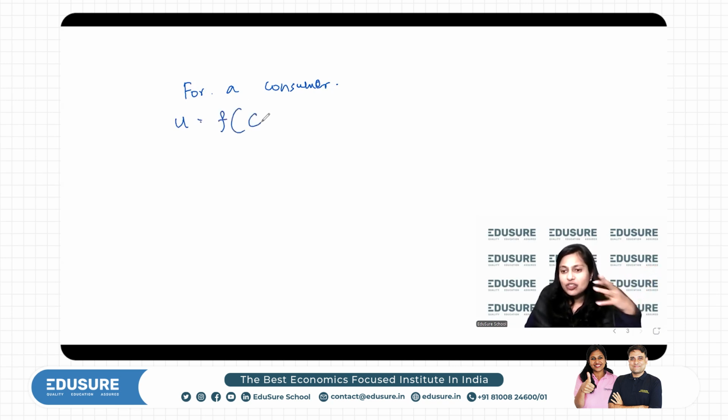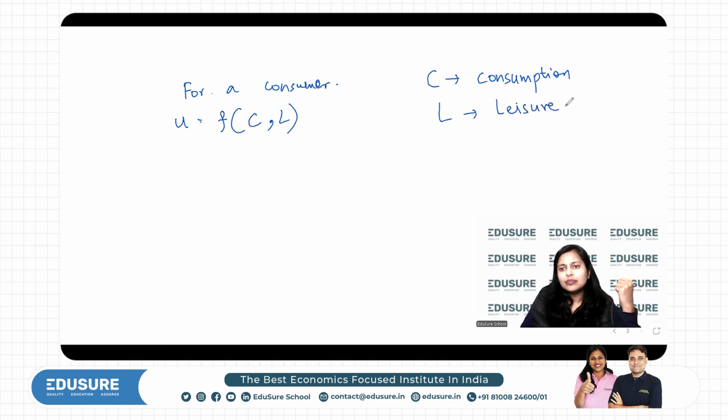It's across consumption and across leisure, where C stands for consumption and L stands for leisure. So the choice for the consumer is between these two goods. His utility function is defined between these two goods.